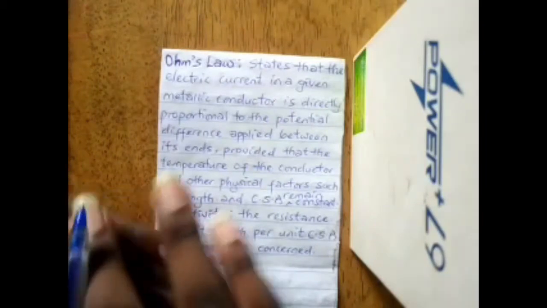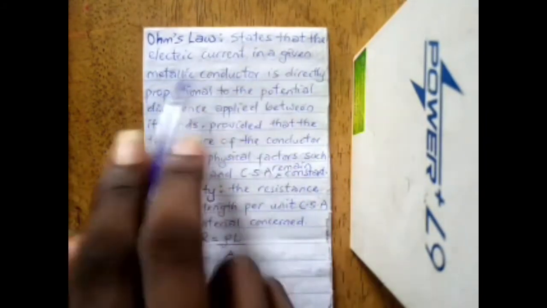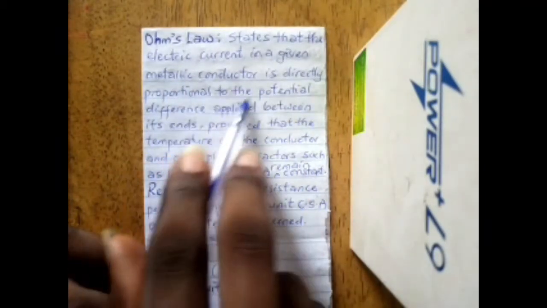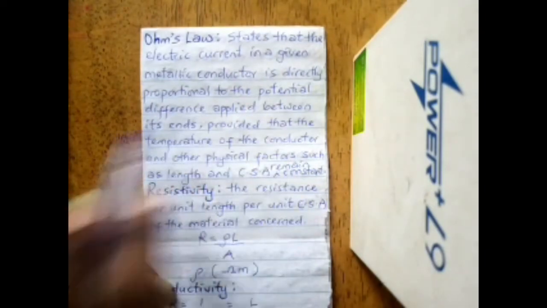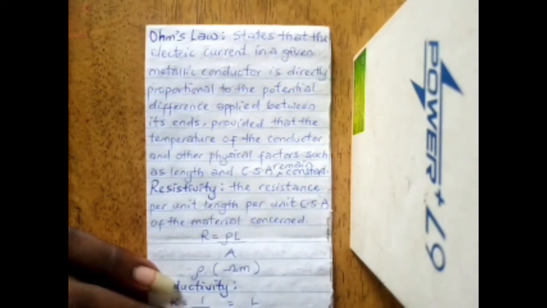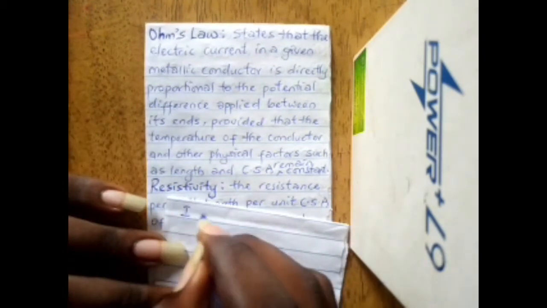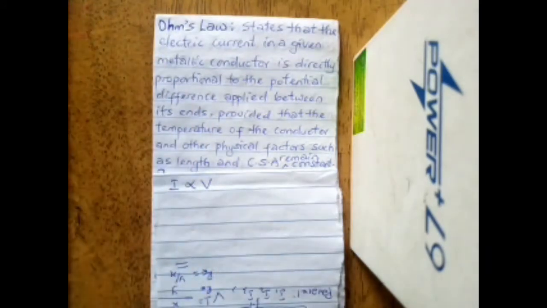Okay, now we're looking at Ohm's law. Ohm's law states that the electric current in a given metallic conductor is directly proportional to the potential difference applied between its ends. Ohm's law tells us that current is directly proportional to potential difference.